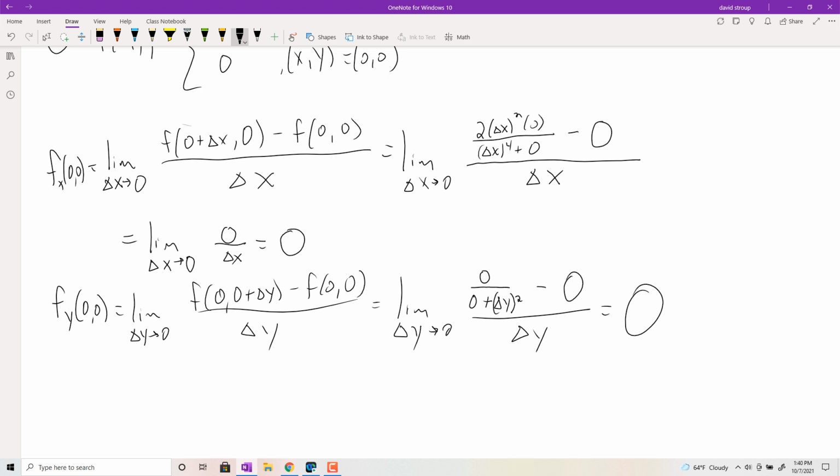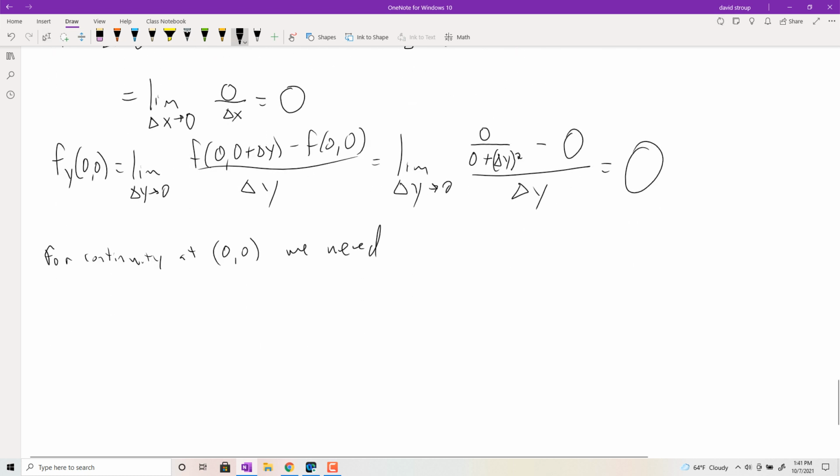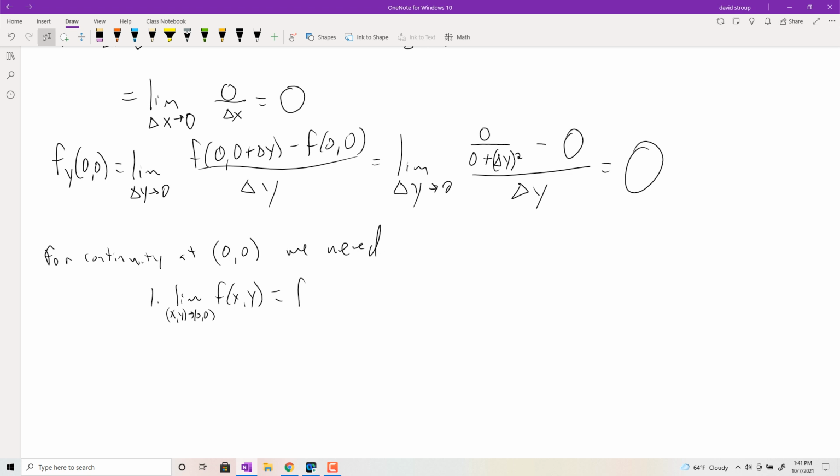But we note that this function is not going to be continuous at (0, 0). So remember, for continuity at (0, 0), there were 3 things. We need the limit as (x, y) goes to (0, 0) of f of (x, y) to equal f of (0, 0).